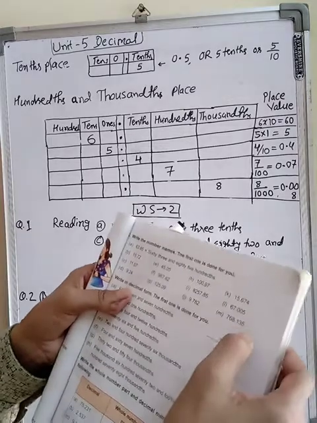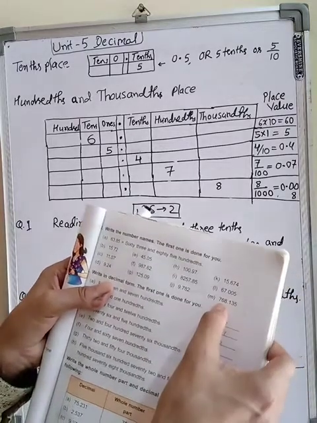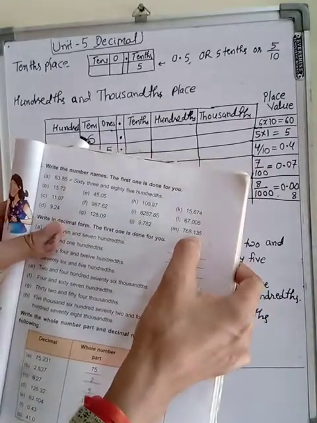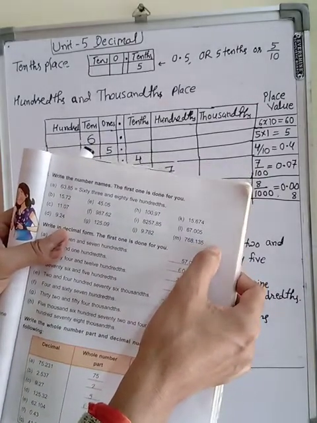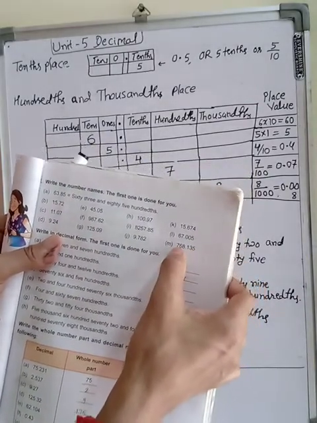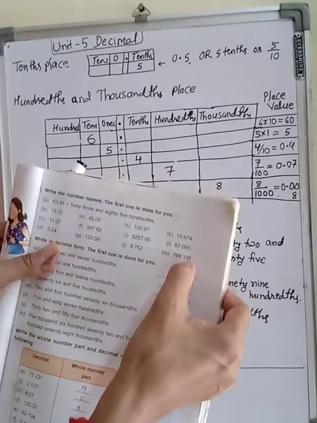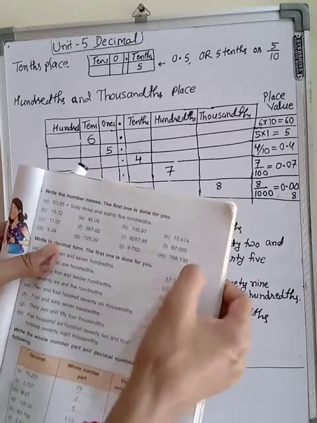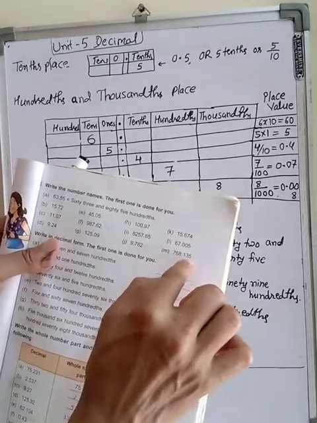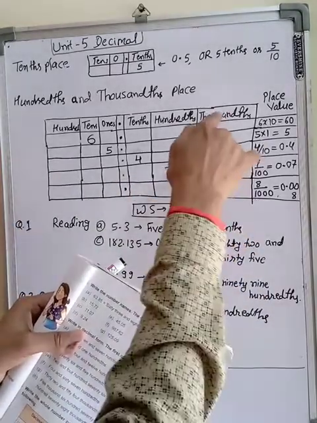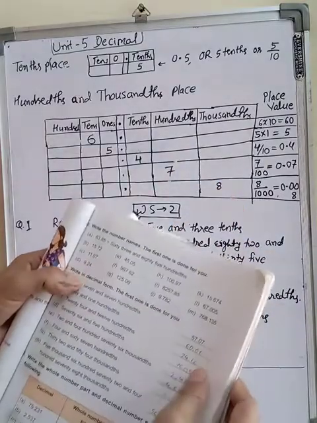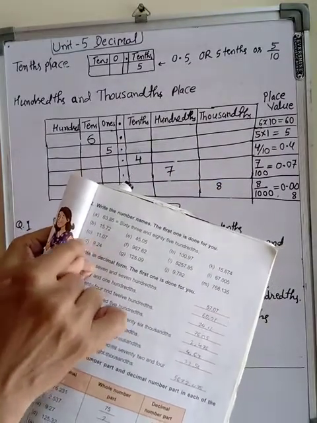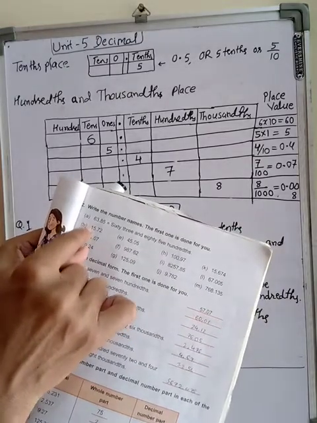What will be the reading of this? M1, M: 768.135 this is. How will we read this? 768 and 135 thousandths, because this is going 3 digits. 3 digits means it is going up to the thousandths place. Here there are 2 digits only after the decimal, so this reading will be 9 and 24 hundredths.